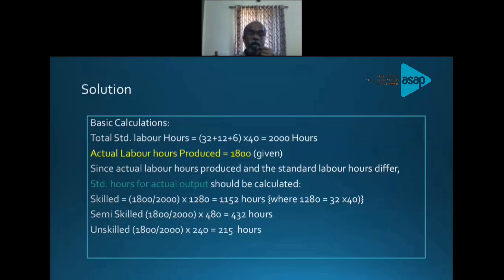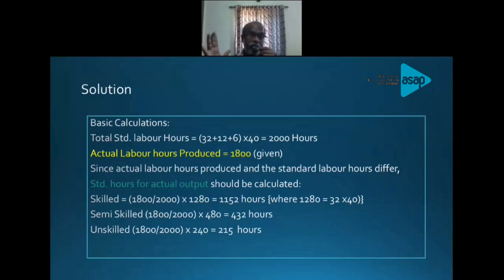That means the standard hours for actual output should be calculated. Why is it so? The actual labor hours produced means they have produced output equivalent to 1,800 standard hours.